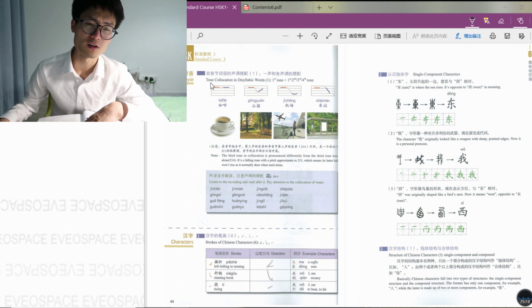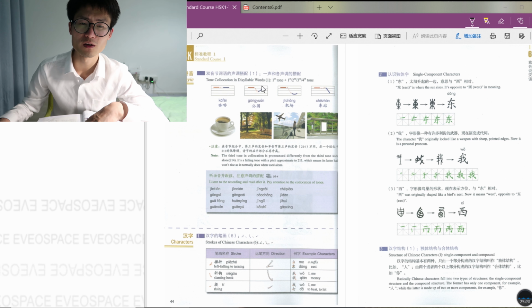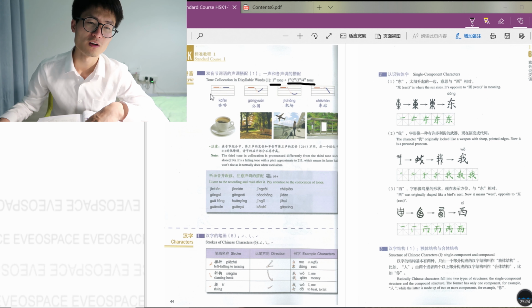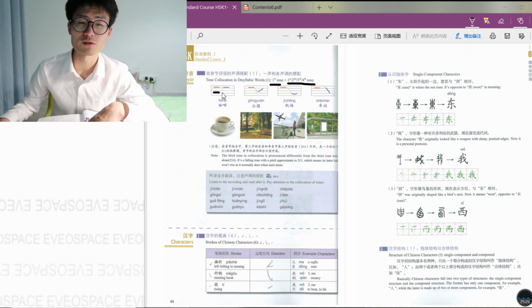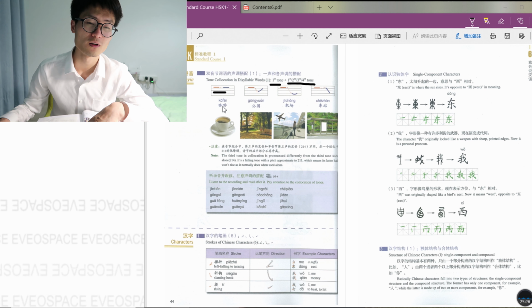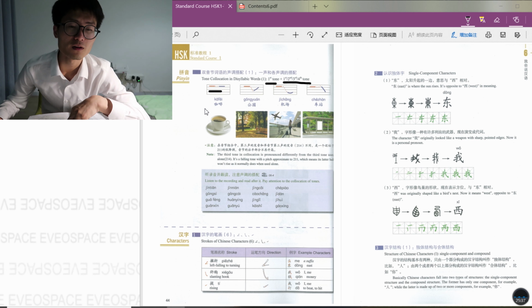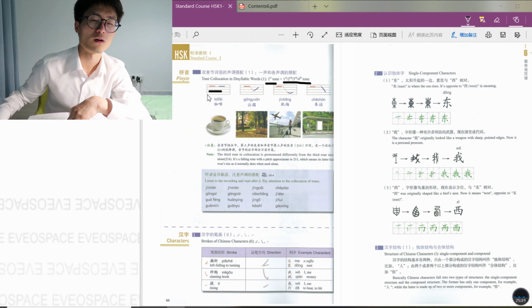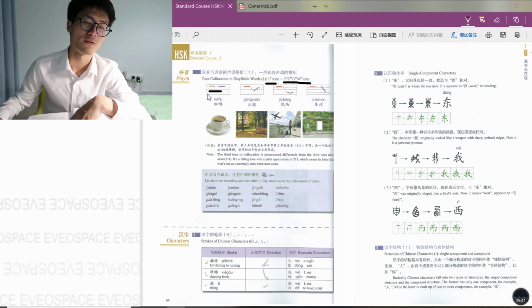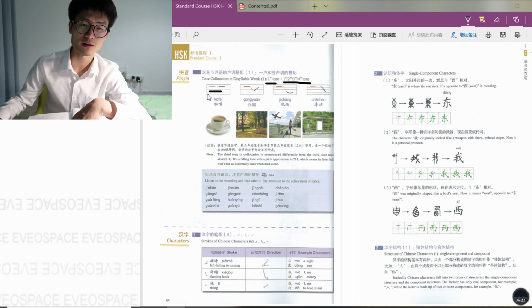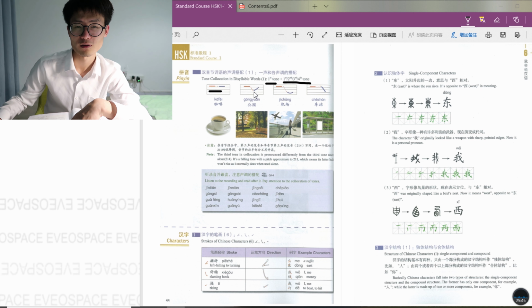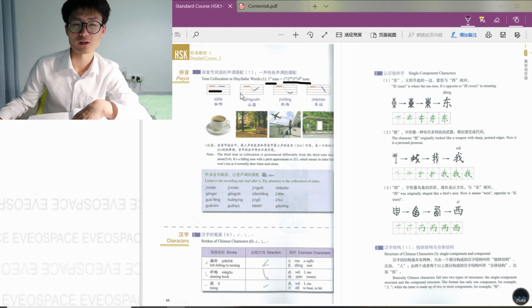so we have the combination between the first tone and the other 4 tones. If you combine 2 first tones, I think they stay the same. Okay, and then you have the first tone plus a second tone.